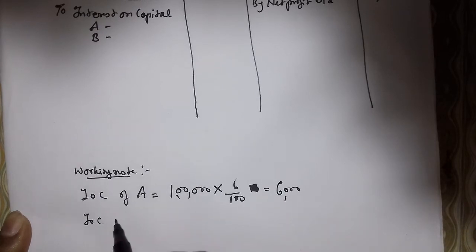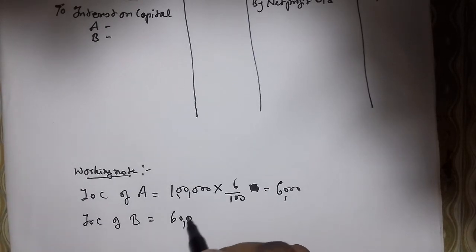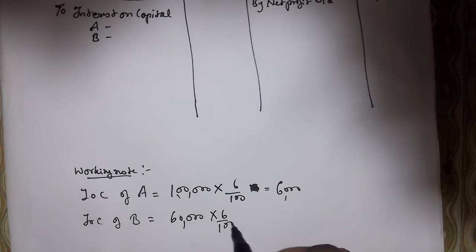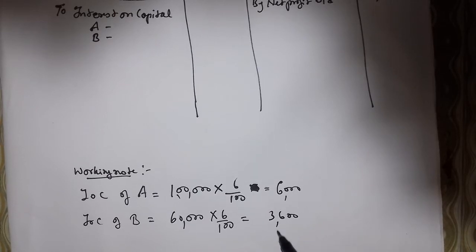And interest on capital of B was 60,000 into 6 by 100, which is for the full year. Again full year interest will be calculated, because no date is given, means you have to calculate it for the full year. So 3600.